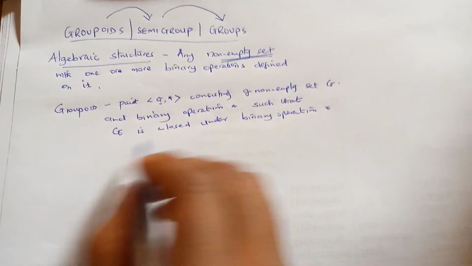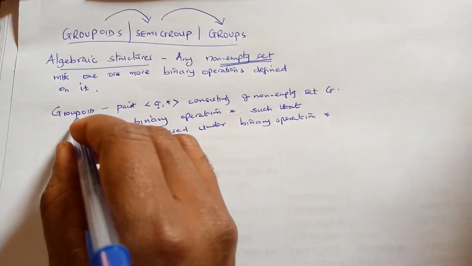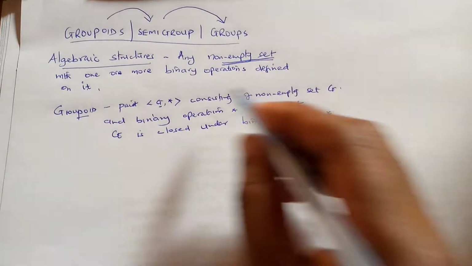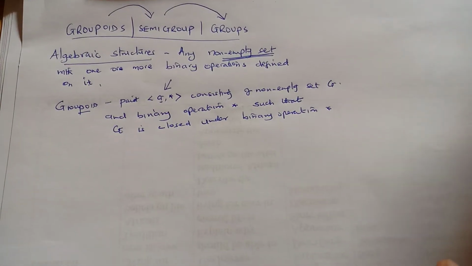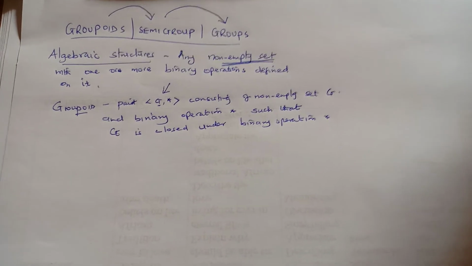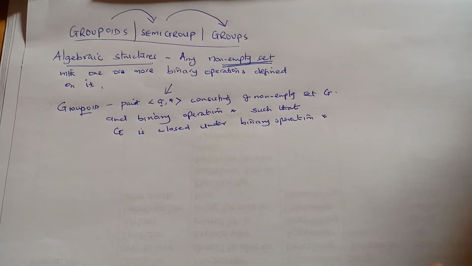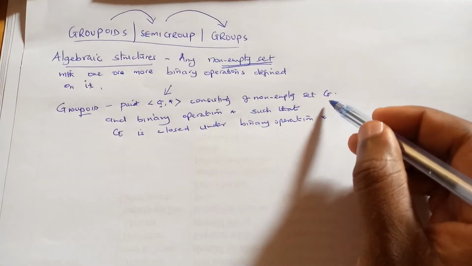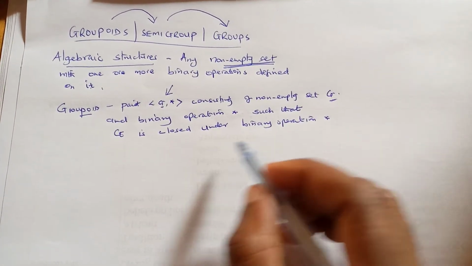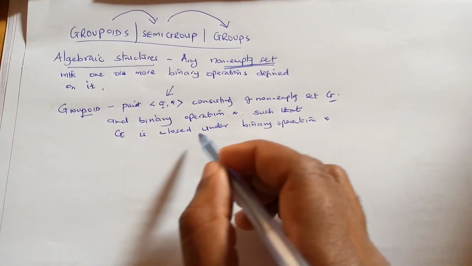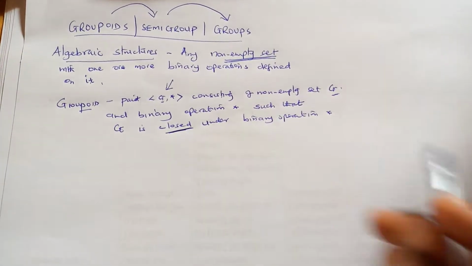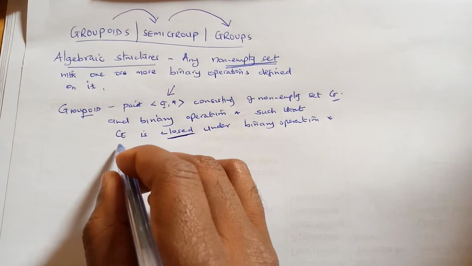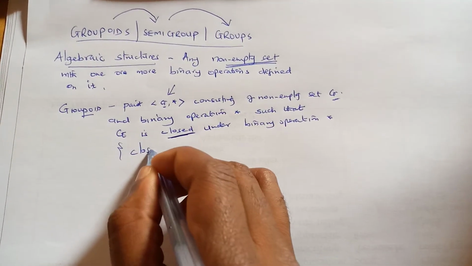So when you are talking about a groupoid, the key thing is that G is defined by a given operation, and if you define that, you'll find that G will be closed. So this is actually a property we call the closure property.